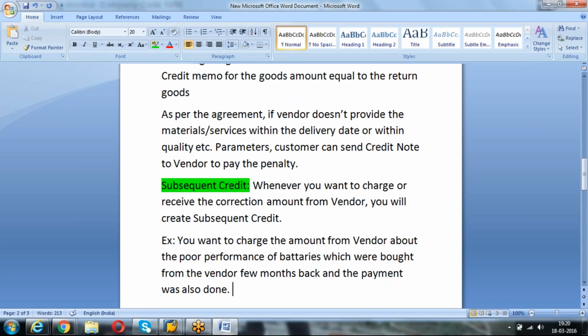Payment, everything was completed, and then you have identified the performance is not good. At that time you can create a subsequent credit. For that amount the vendor will give you back. These are just generic examples I have given.